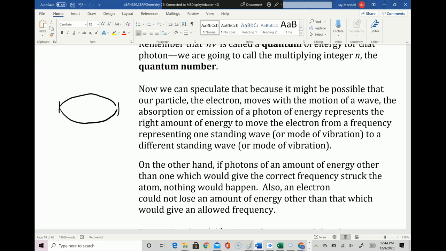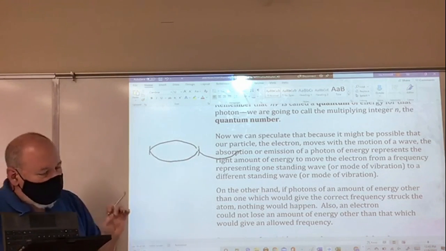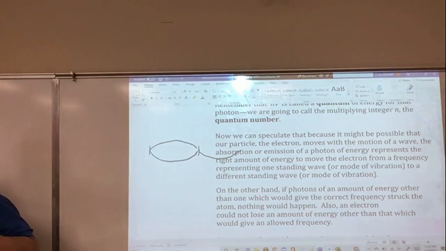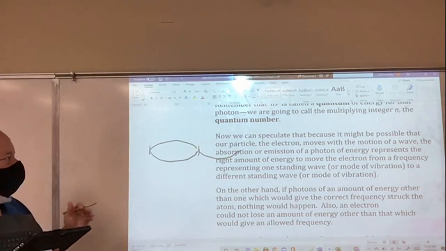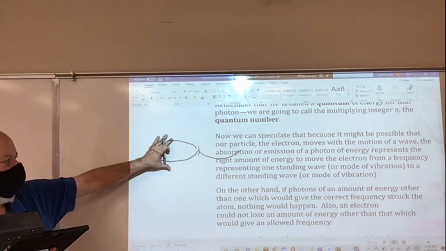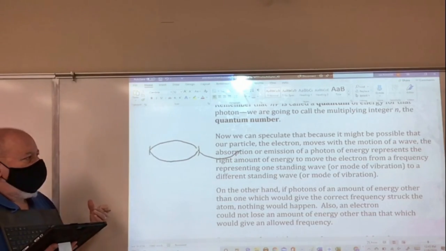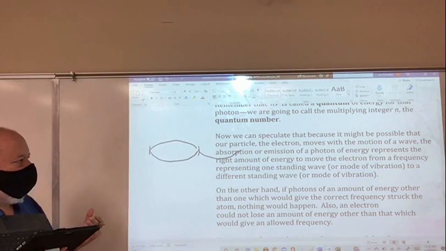And so the length of this, if it was a string, would be 1/2 of the length of the actual wave, right? The rest of the wave would be that. But whatever frequency it was that caused this first standing wave is the lowest amount of energy, or the lowest frequency that we can have that would give rise to a standing wave. And it's the same way with the lowest energy level.